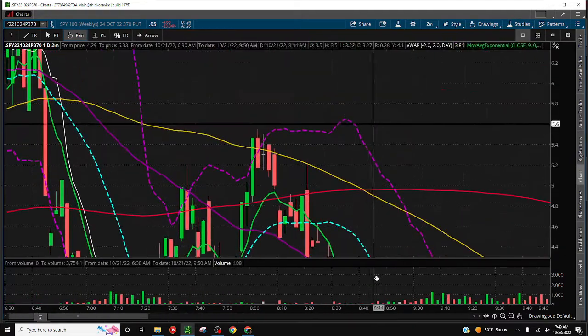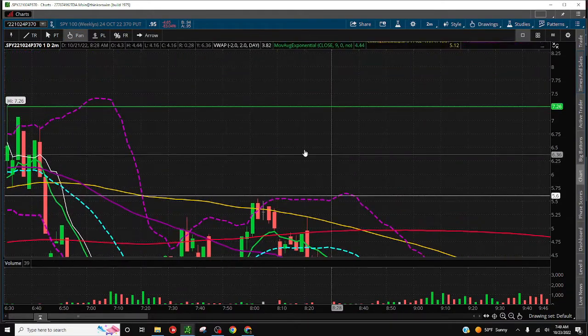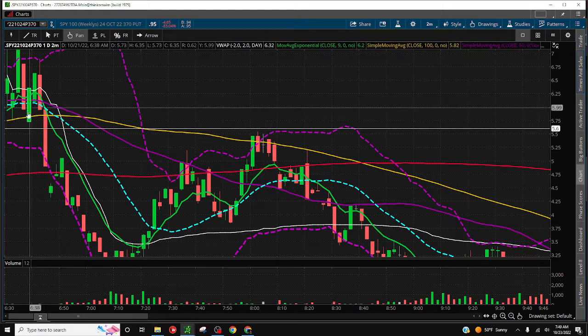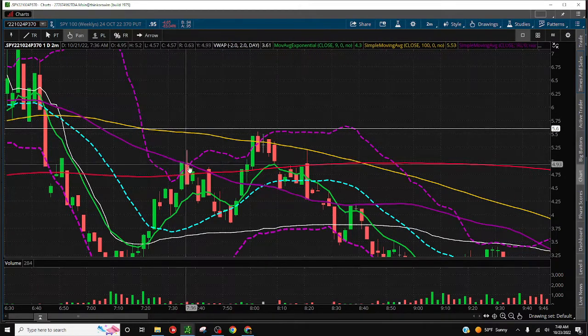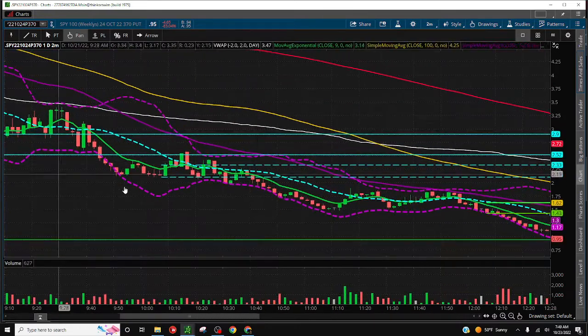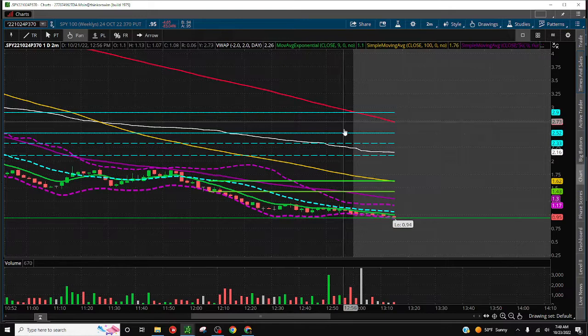In the very beginning, let's look at this. These option prices weren't really stacked. I guess they're sort of stacked to the long side, but I don't know. But as they lost value throughout the day, the option prices are stacked now.